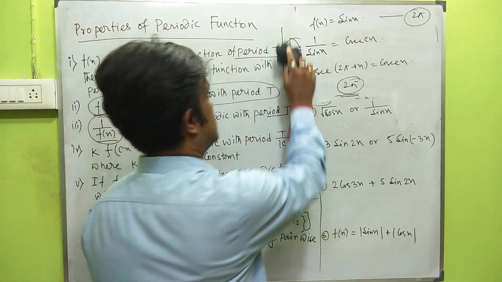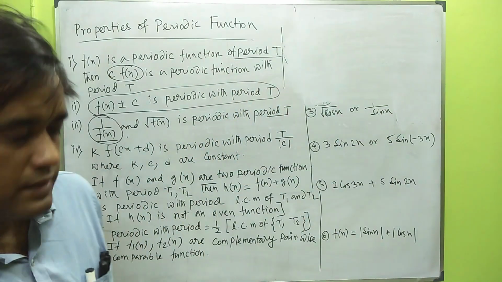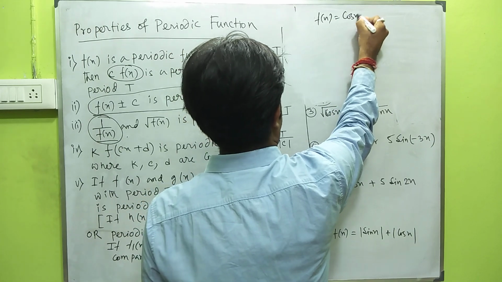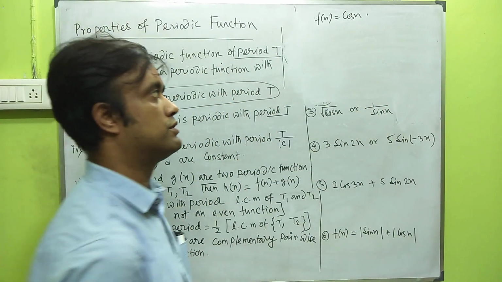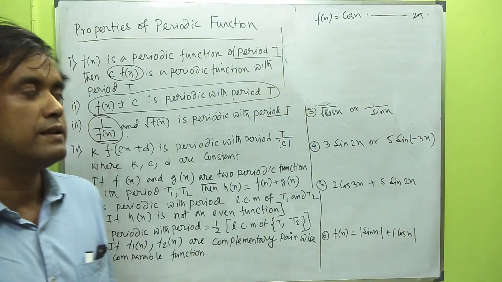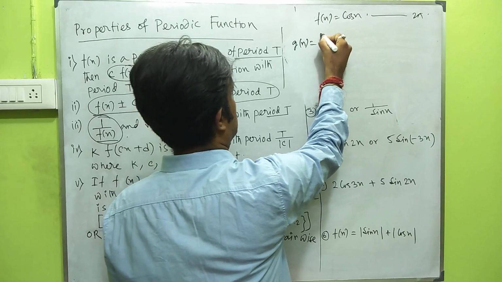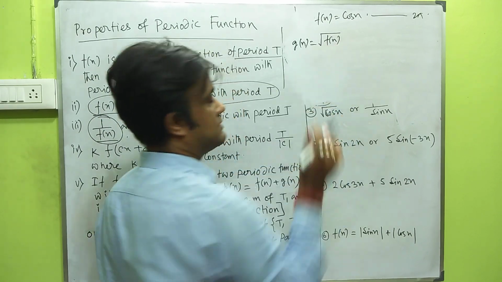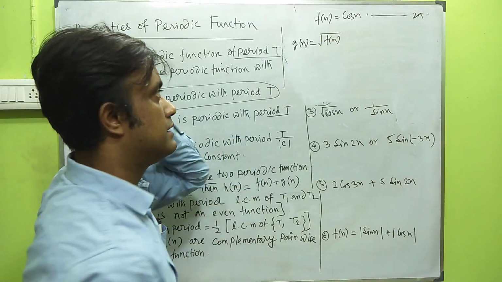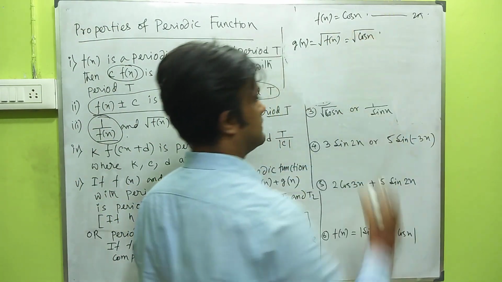If we follow this example, if f of x is equal to cos x, the period of this function we know is 2 pi. Now g of x is equal to root over f of x, that is root over cos x.